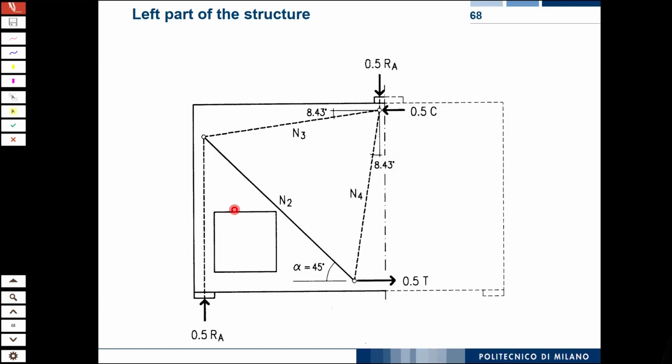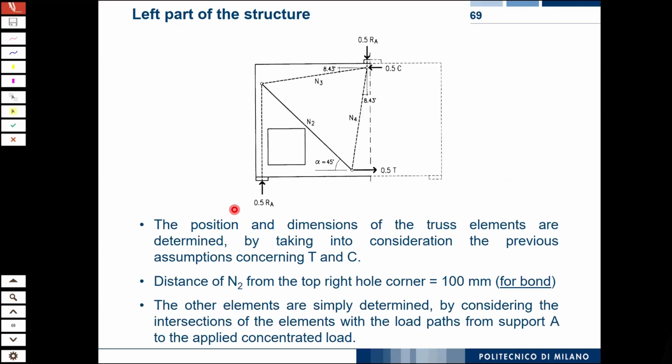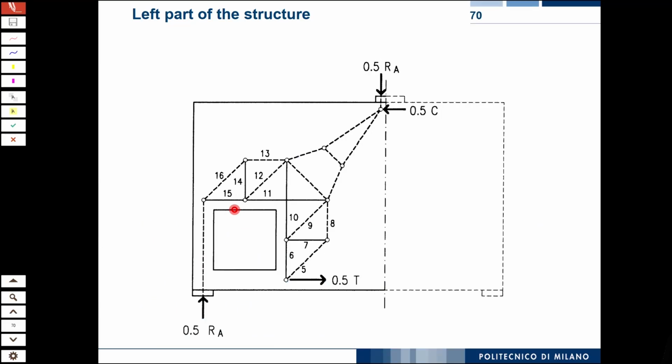Since he could not avoid this mechanism, because this is the most natural way the structure will behave, he tries to have it working for a lower force, so as to compensate for the higher deformability. And this is the other mechanism to which we assigned the other part.